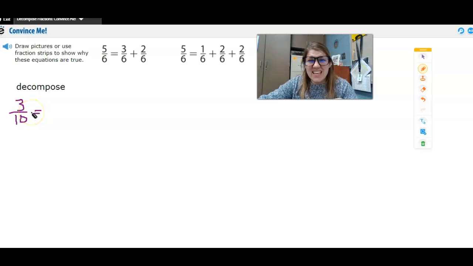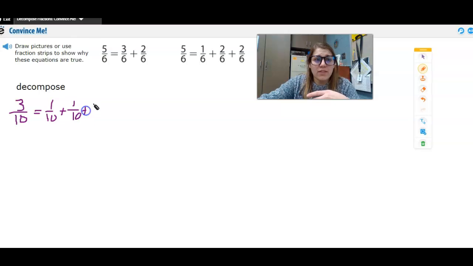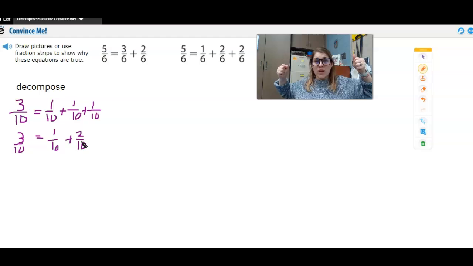So 3 tenths is the same as 1/10 plus 1/10 plus 1/10. Do you guys agree with that? So if I were to add all those up, it would equal 3 tenths, okay? But if I still continue with that 3 tenths, I could also say that 3 tenths is the same as 1/10 plus 2 tenths. So you see how I broke apart my numerator, the number on top.